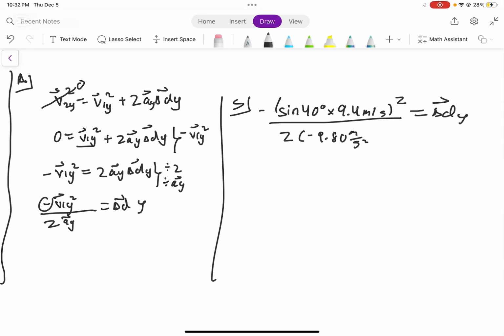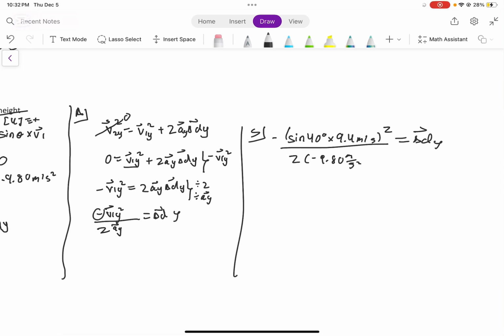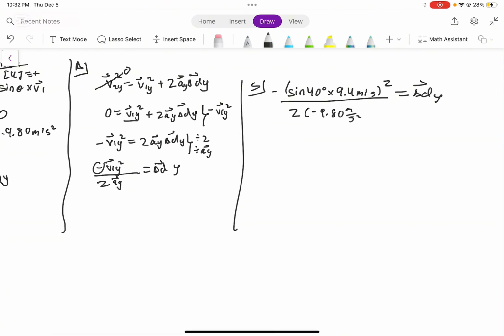Y. Remember, it's in the y direction. We're looking for the delta d in the vertical. The components are independent of each other. So now, delta dy is equal to, now the rest is just calculator work. Really just plugging in the numbers and seeing what answer you get.